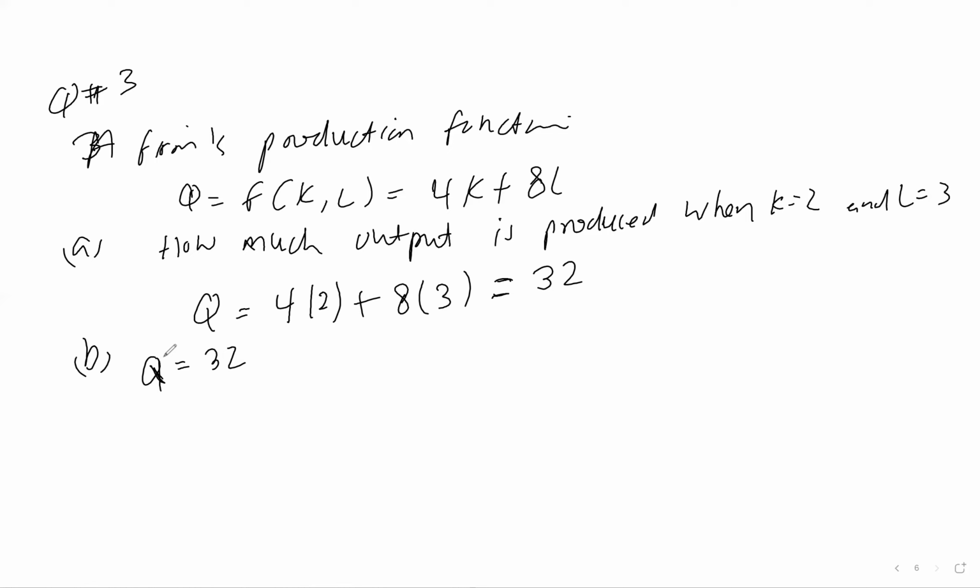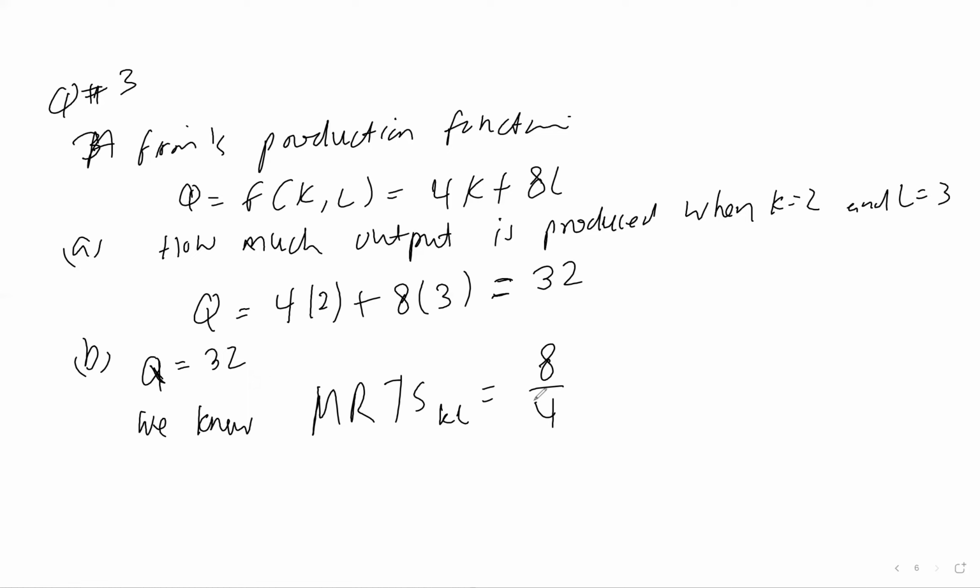The only difference is that this is a substitute, and in question number 2, it was a Leontief production function where we had a complement. So that's the difference that we need to work with here. So we know that the marginal rate of technical substitution of K for L is equal to 8/4.